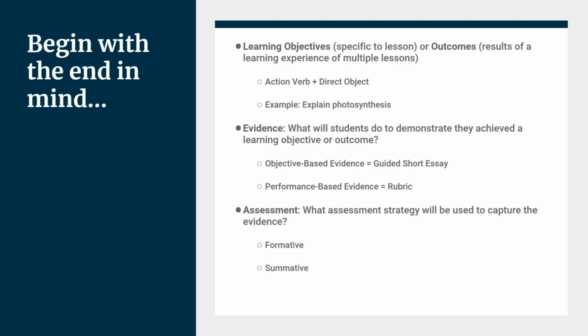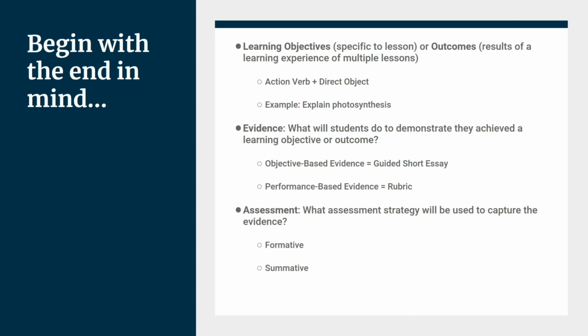A performance-based assessment or evidence would be using a rubric, and it's typically done to assess a project. And we'll share more about what that looks like. But you can see that for the example, explain photosynthesis, we could use an objective-based evidence approach by asking students to explain and write this out, and then you would be able to evaluate their narrative to see if that evidence was there to determine if they met the learning objective.